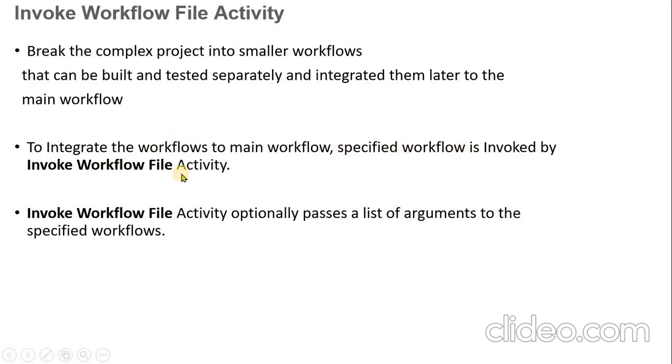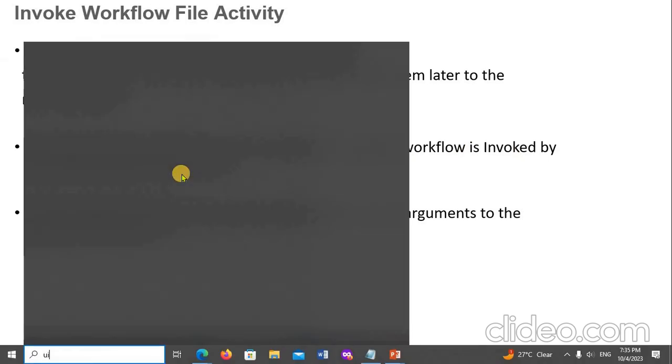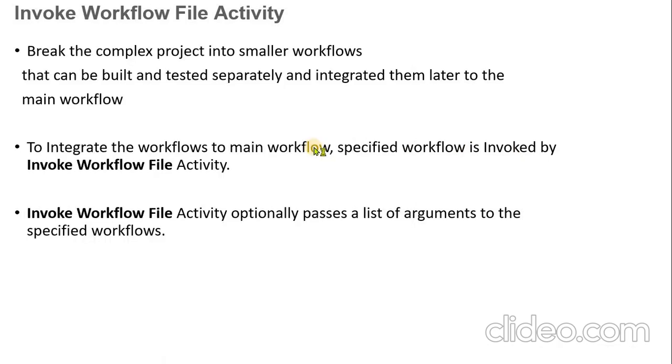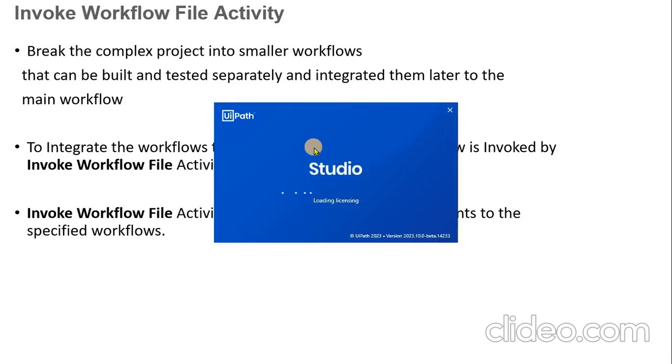activity, right? So we'll just open UiPath Studio and see how this Invoke Workflow File activity is used, and how we can use the arguments there. What do we mean by a local variable? What do we mean by a global variable?